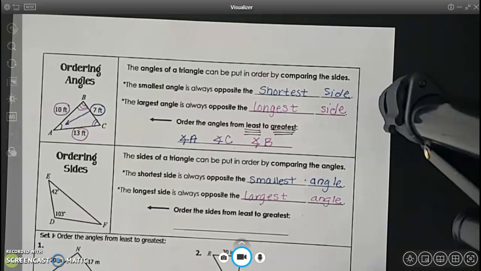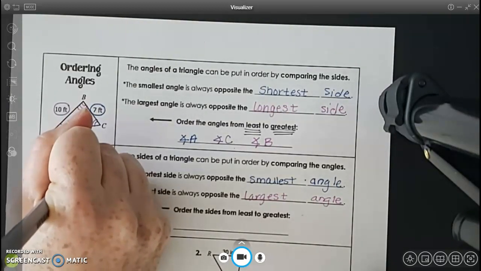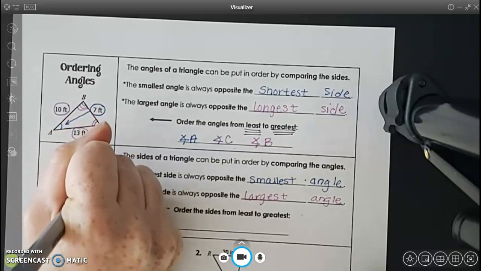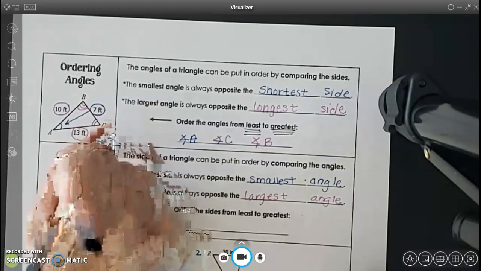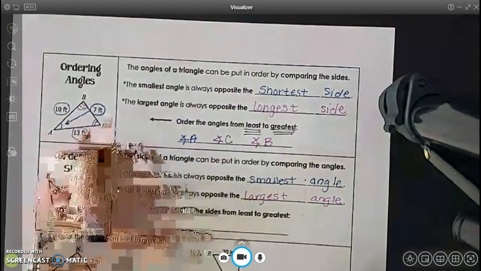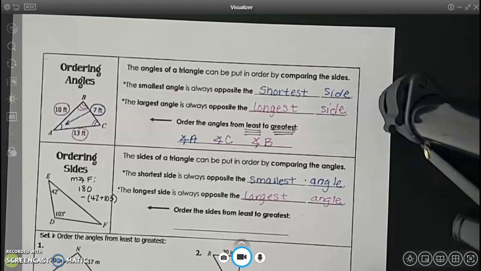So to find the measure of angle F, we're going to do 180 minus the sum of 42 plus 103. 42 plus 103 is going to be 143.